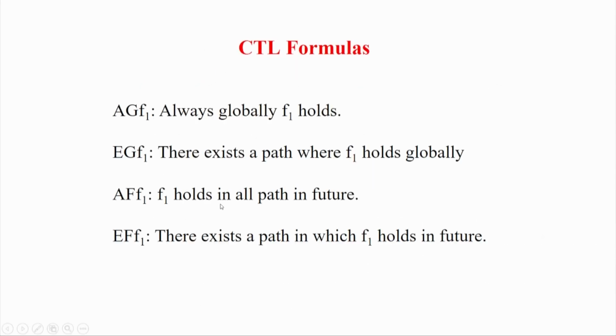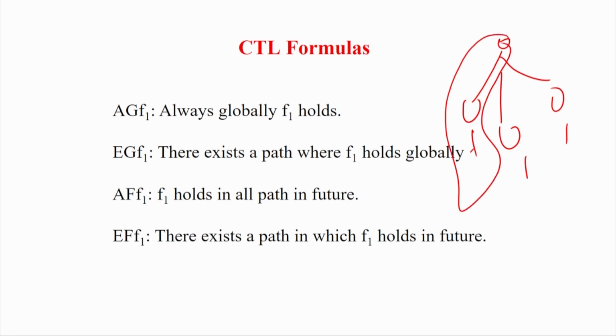It is saying AG F1 means in all paths globally F1 holds. EG F1 means there exists a path in which globally F1 should be holding. EF G1 means there exists at least one path from here, and in that path specifically everywhere F1 holds. AF F1, what does it mean?